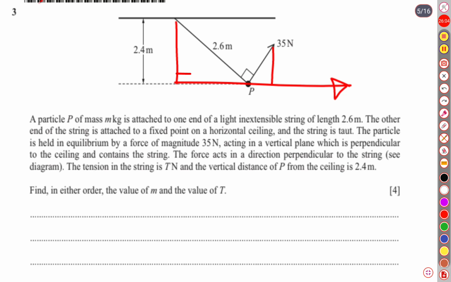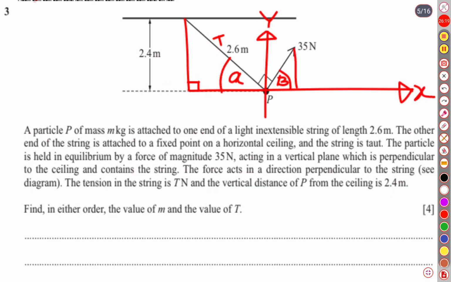This is our tension in the string. Now let us see what the angles are. Let this be alpha and this one beta. This is the completion of the diagram, and whenever we resolve the forces we should know the measure of the angle. So one after the other we can find the angles.